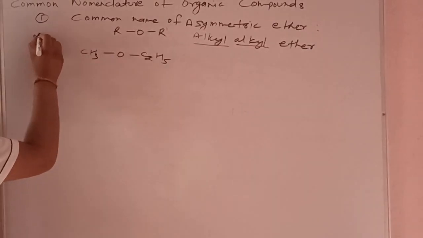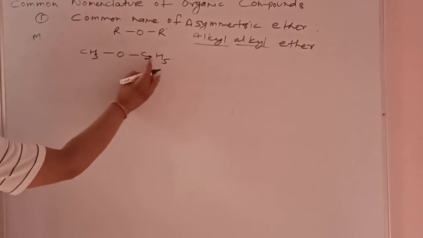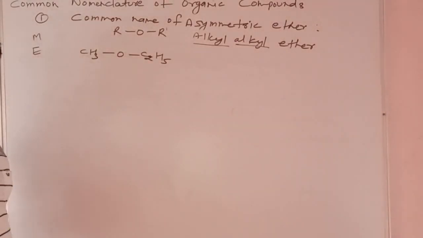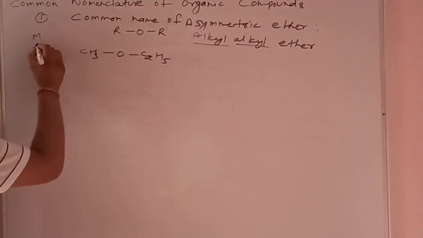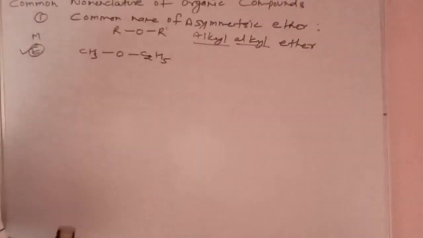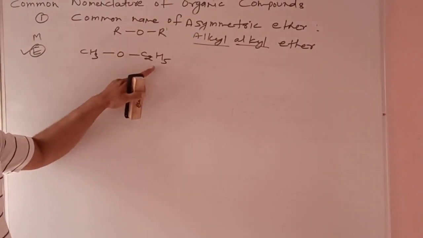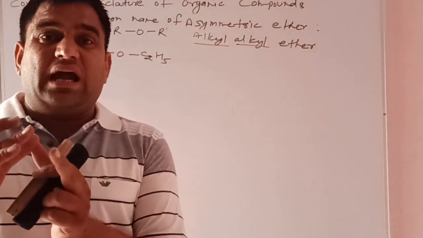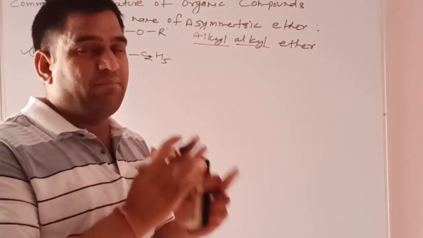CH3 is called methyl and the spelling starts with M. C2H5 is called ethyl and the spelling starts with E. So in alphabet order, for this ether, priority is given to ethyl because E alphabet is coming first, then M.